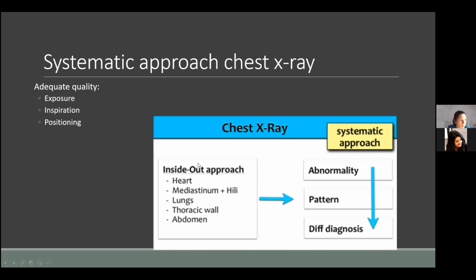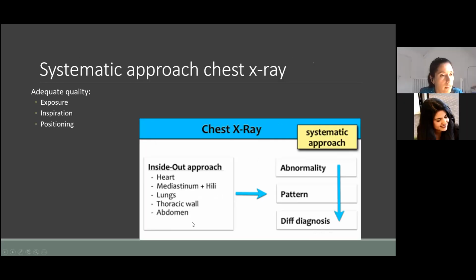I tend to use an outside-in approach, starting with the heart, then the mediastinum and hilus, the lungs, the thoracic wall, and at the end I look at the abdomen and all the soft tissue around the thoracic cavity. That's my approach, but if you find a systematic approach that you like, you should use that, as long as you evaluate all of these organs and locations.